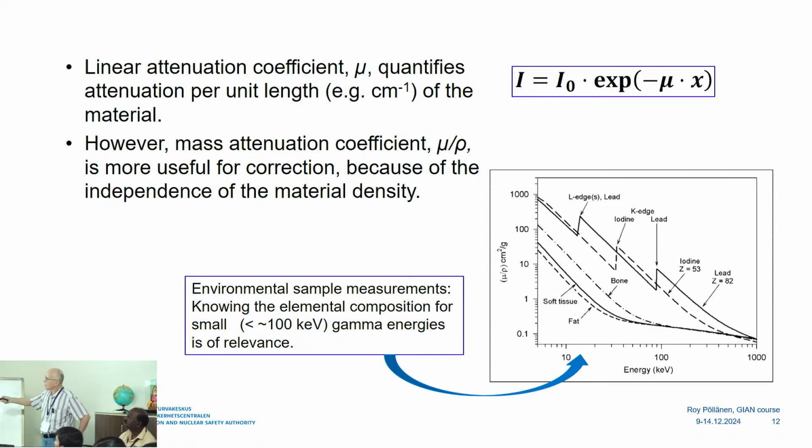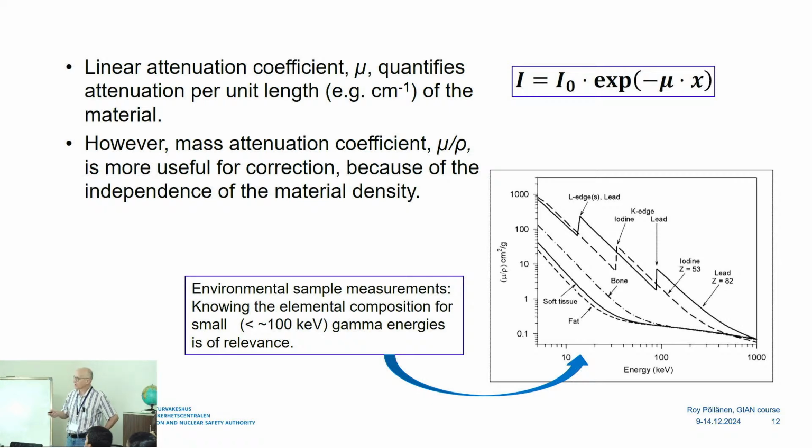Any ideas why in these fat, soft tissue or bone cases there are no these edges? Any ideas? The binding energies of electrons in the electron shells.